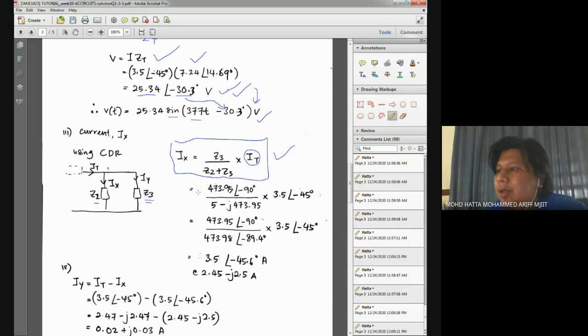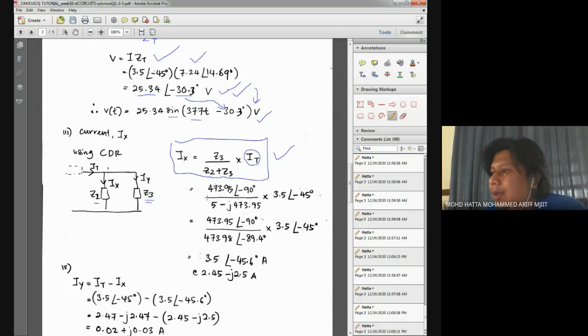And the difficult part, I believe, in order for you to calculate this, is that you need to deal with complex numbers, which involve magnitude and also angle.